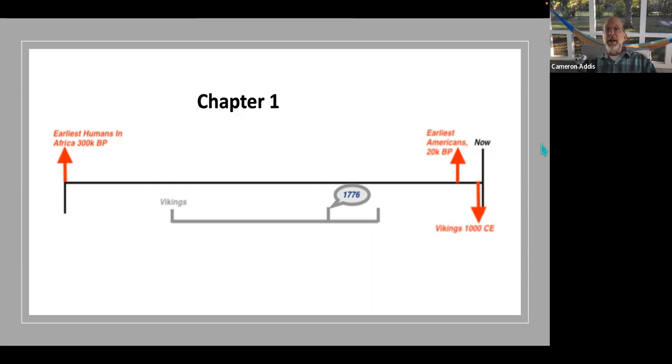Then quite a bit of time goes by before other people come to the Americas, like Europeans. Who these first Europeans were, we know pretty definitively: it was the Vikings around 1000 CE, up in the northeastern part of Canada, Newfoundland, and that area. They did not have a huge impact on American society, as did the Spanish, who were the first to actually colonize in the Americas.